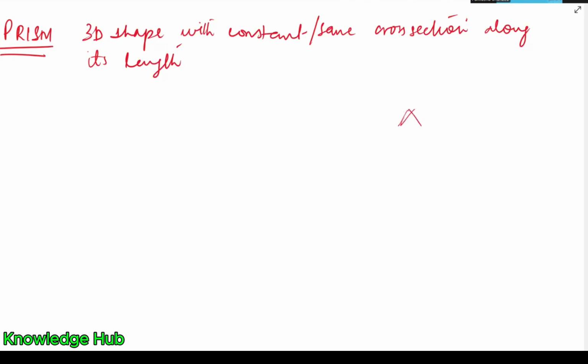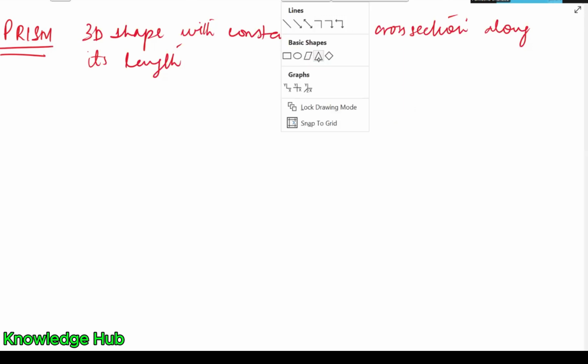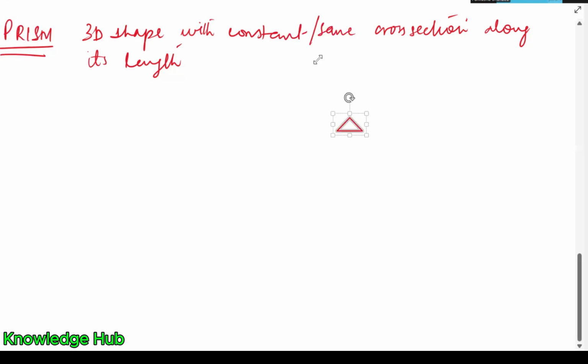For example, let me just make this up. Okay, so this is a prism.